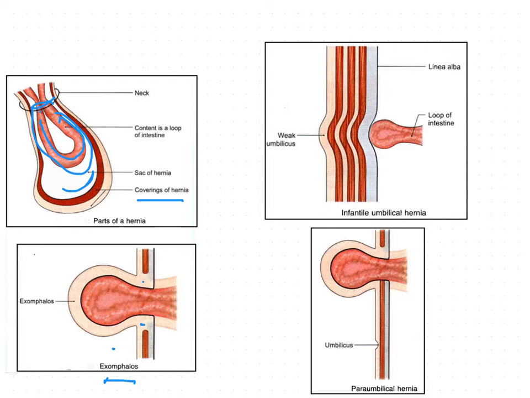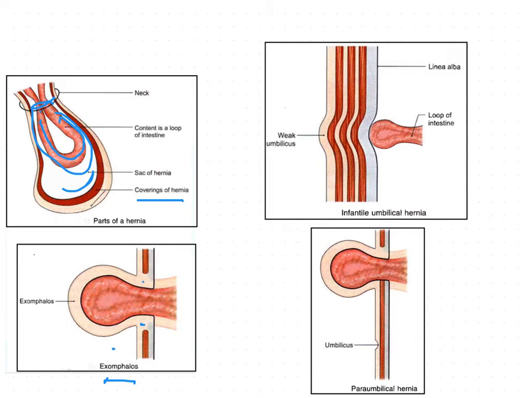Okay, next, different types of external hernia I have mentioned: umbilical, paraumbilical, femoral, inguinal, epigastric hernias, and also divarication of recti, that means separation of the rectus muscle, and incisional hernia because of incisions.